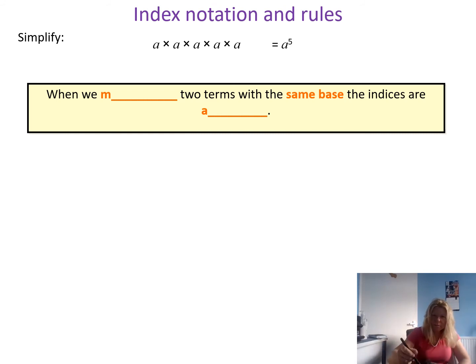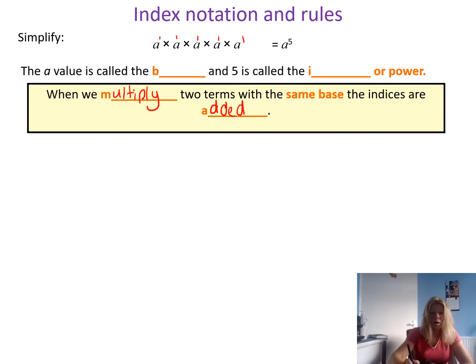When we multiply two terms with the same base, indices are added. Think of that as a 1, a 1, a 1, a 1, a 1. What have we done with all those ones? Well, we've added them. Just above there, I didn't say that.